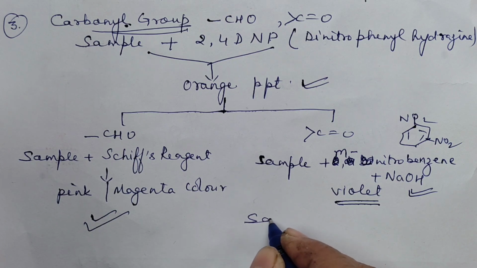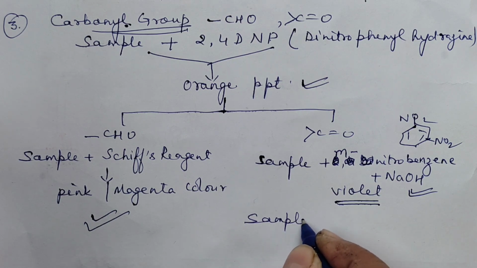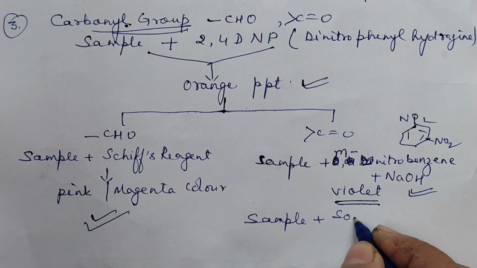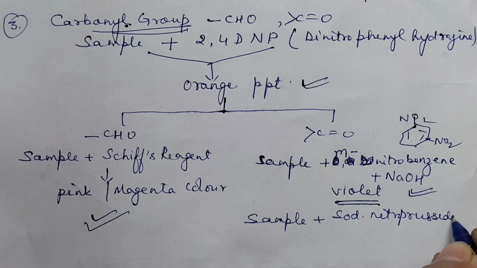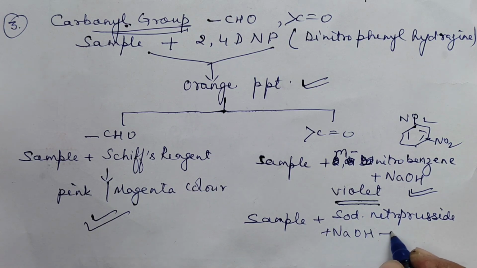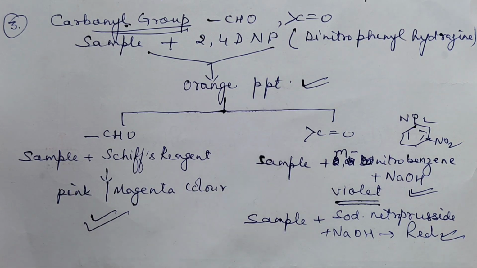The second test is, you will add to the sample sodium nitroprusside. Sodium nitroprusside you will add, along with base again, NaOH you will be adding. What you will be getting is red color. It's literally blood red color which you get.